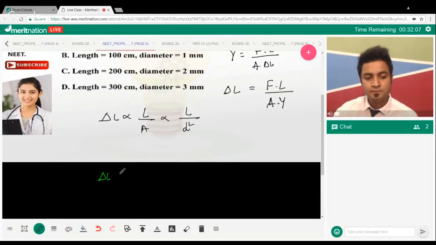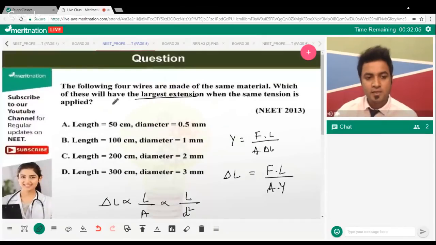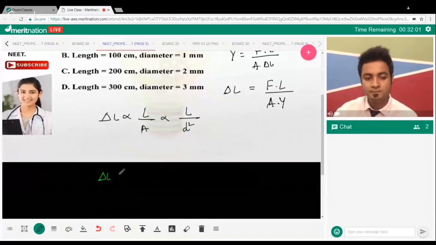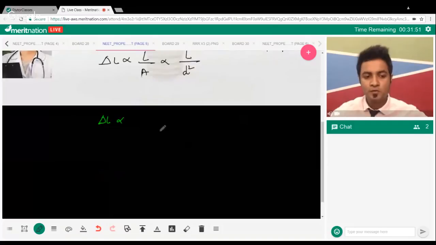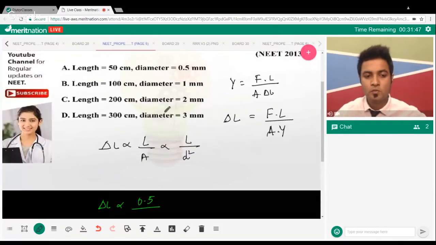Delta L for the first case: length upon diameter square, what would you get? You just need to put it in the right units. So you can put it as 0.5 upon d square. What is d square here?